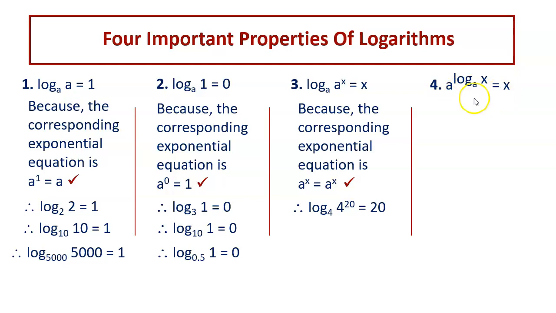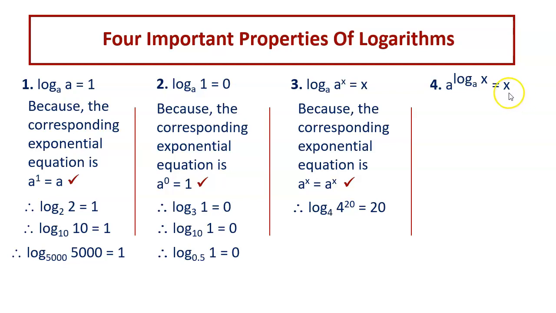So why are we having this type of an equation? Since this is an exponential equation, this time we will be converting this to its corresponding logarithmic equation. This e is the base. The power is log of x to the base e. And this is the answer.